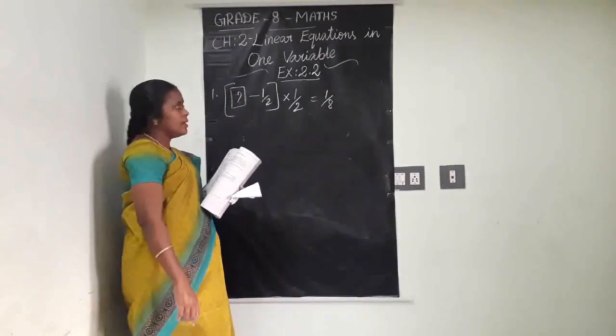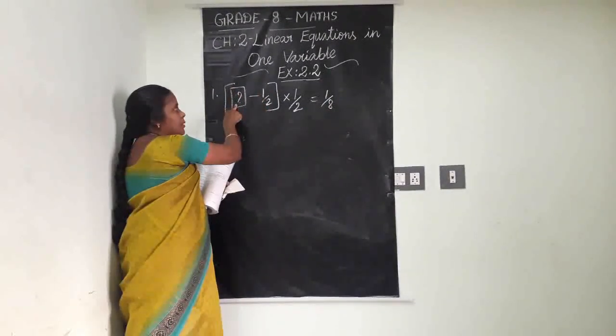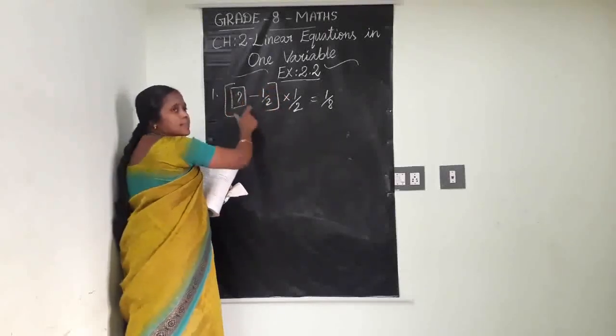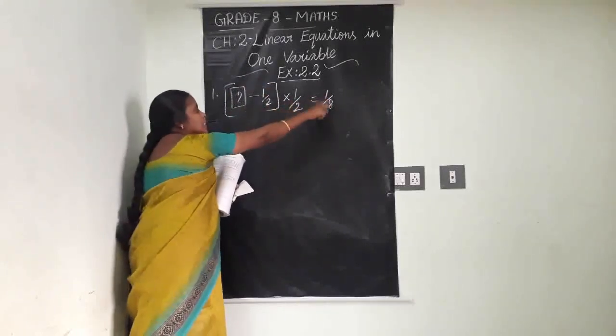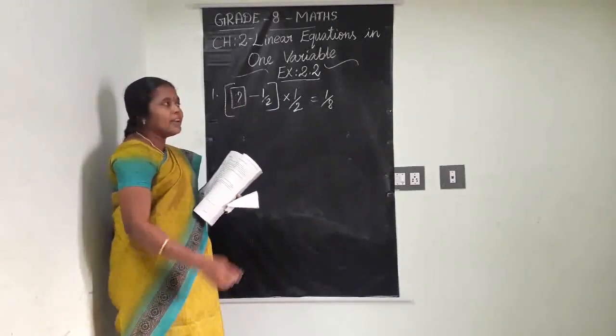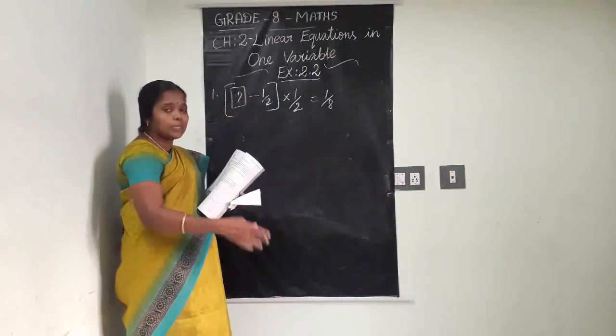Clear, children? If you subtract half from a number and multiply the result, this is a result. Multiply the result by half, you get 1 by 8. What is that number? This is the question. Clear? So like this only it will be given in words, statement based.